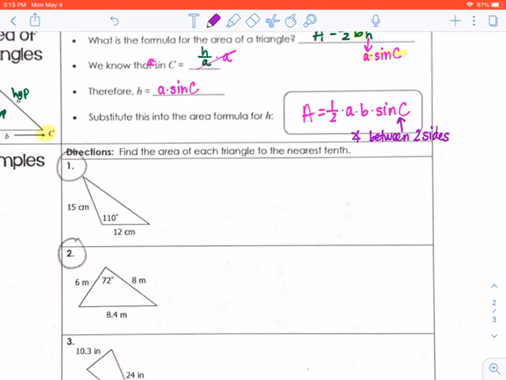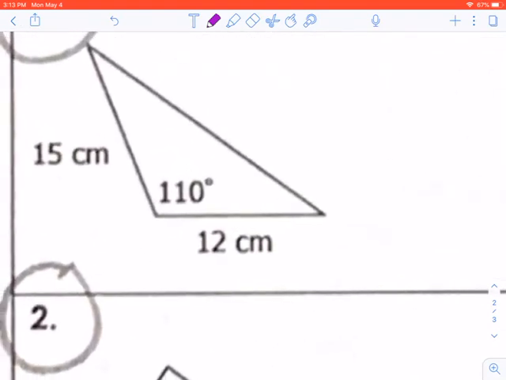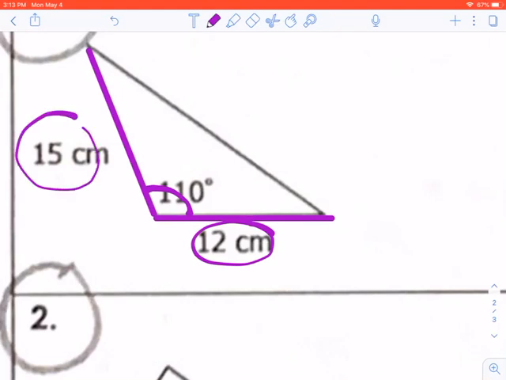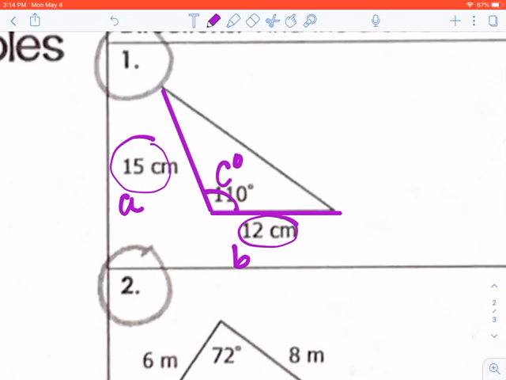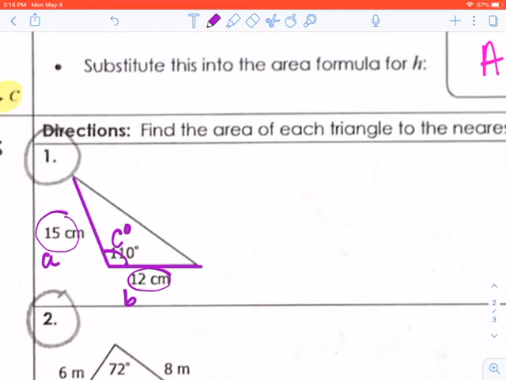So like on number 1 here, notice this angle, 110 degrees. It is in between sides 12 and 15. It doesn't matter what A, B, and C are, okay? This can be your A, this can be your B, and this can be your angle C in degrees. But the angle is in between the two sides, so that's what you're going to use.